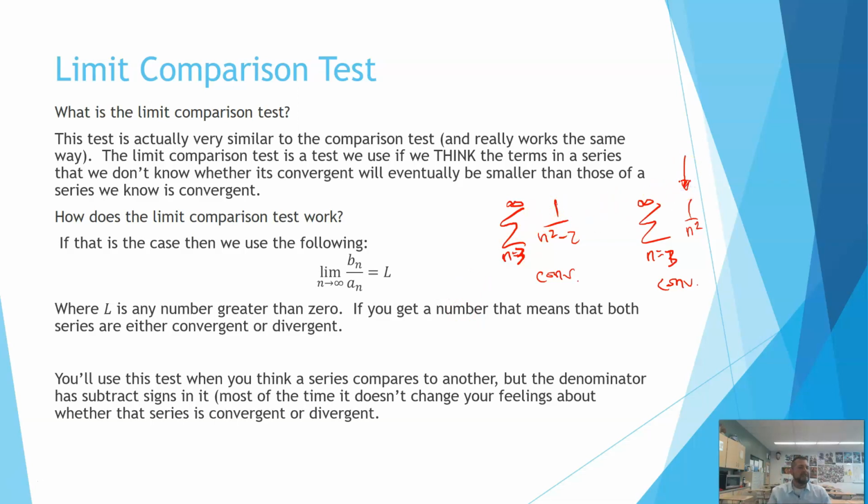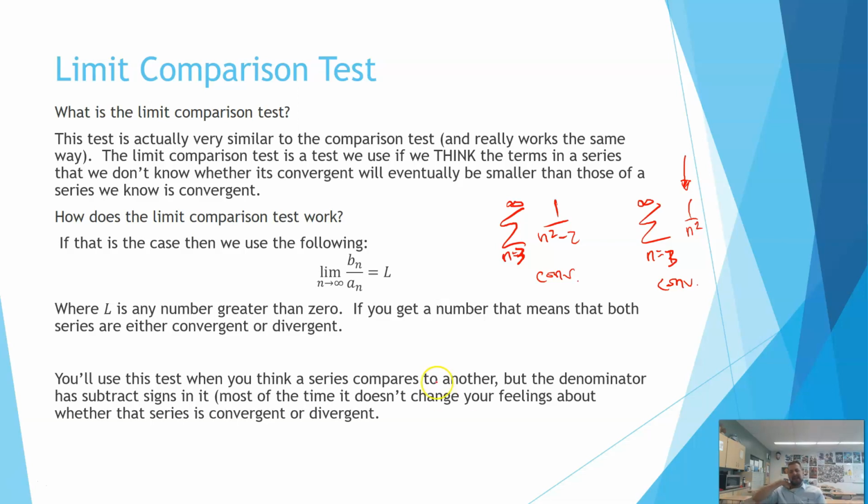So what we use instead is the limit comparison test. All we do in the limit comparison test, and it doesn't matter which order you do it in, is make a limit of the general term. You take the limit as n approaches infinity of the general term of one divided by the general term of the other, and it doesn't matter which order you put it, top or bottom. If you get any number bigger than 0, then that means that they both do the same thing.